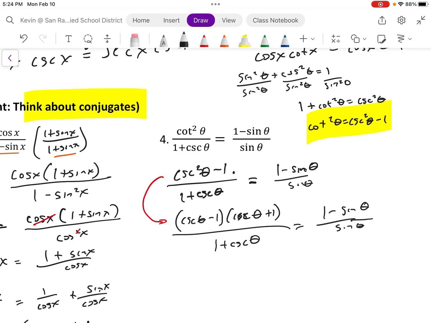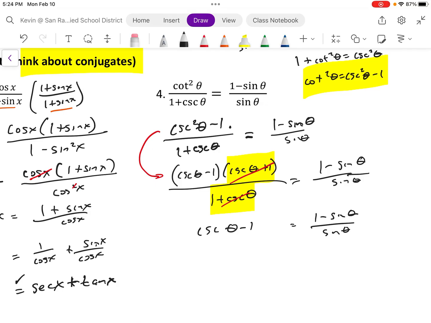Now, cosecant theta plus 1 is the same as 1 plus cosecant theta, so these two will cancel out. That leaves me with cosecant theta minus 1 equals 1 minus sine theta over sine theta.